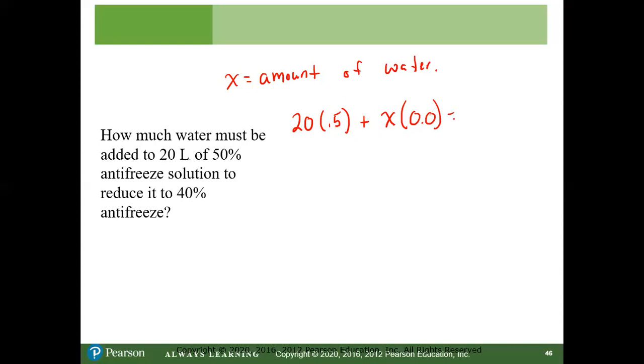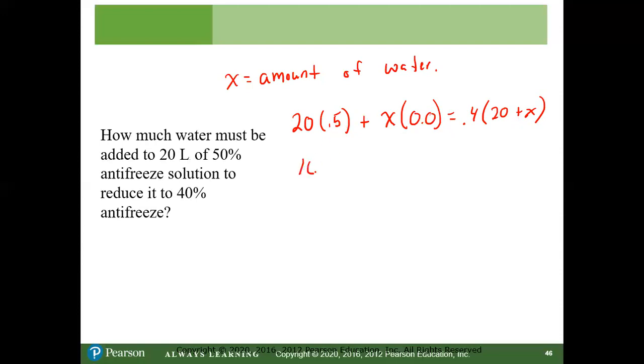And we are going to try to create some mixture that is 40% antifreeze with the 20 liters of what we already had, plus the X liters of water that we are adding to it. So this is very similar to the problem that we just did with the candy, except we had to realize that water has 0% antifreeze, okay?